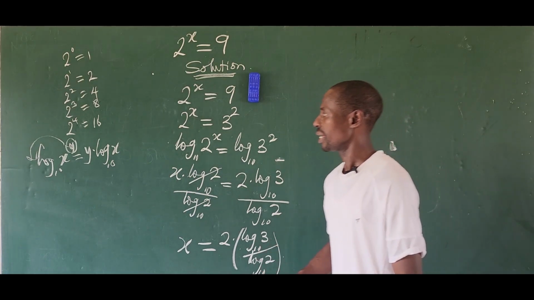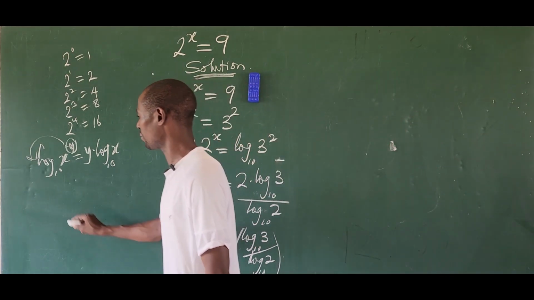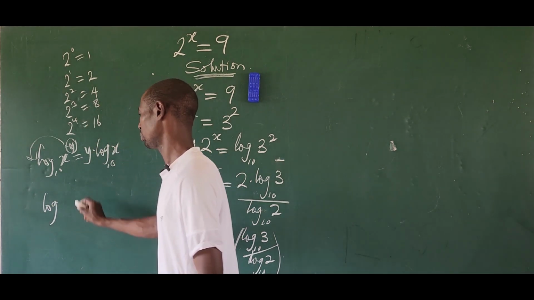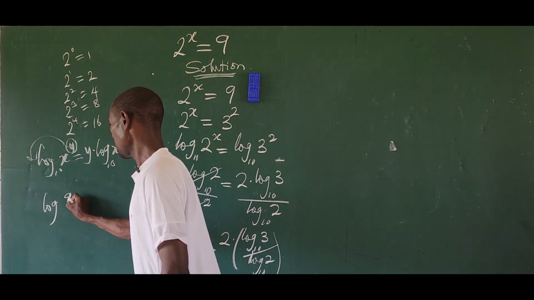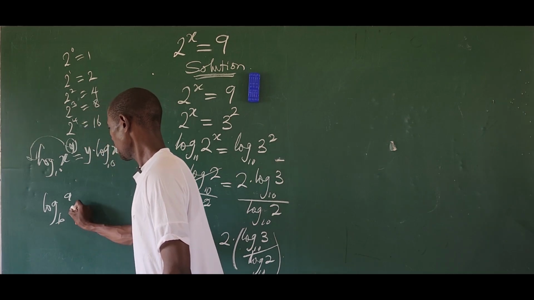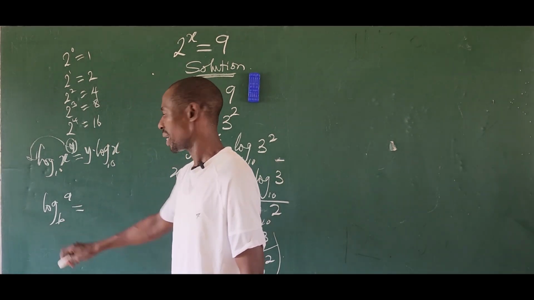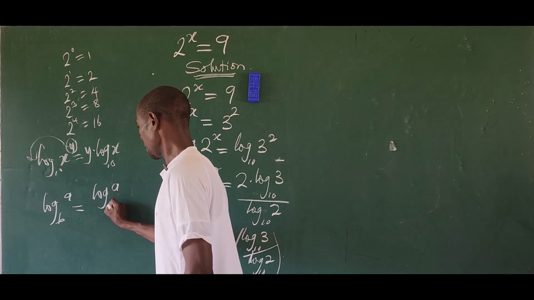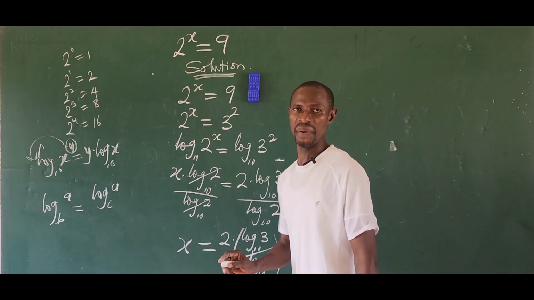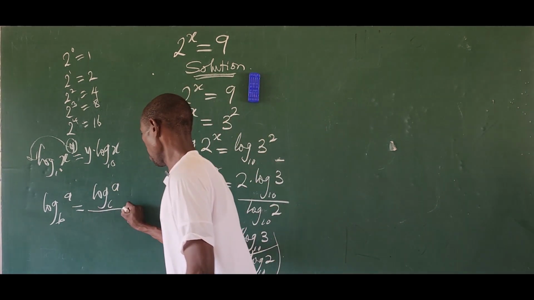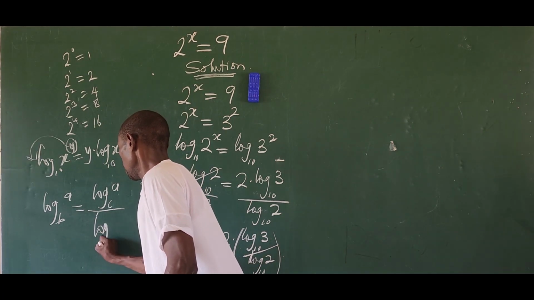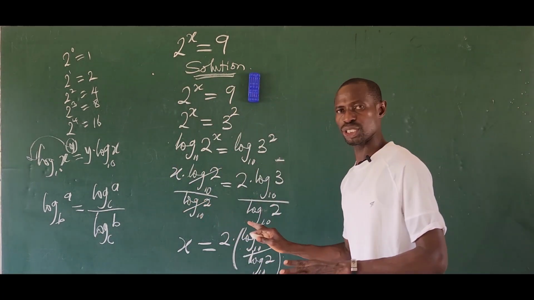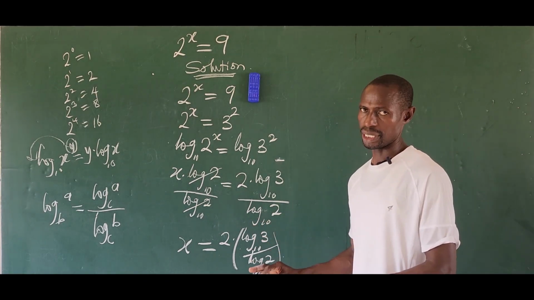The law which says that if you have log A base B, you can change this to base C. This is going to give us log A base C, where C is the new base number, all over the log of B base C. So this is what we call the change of base law in logarithm.